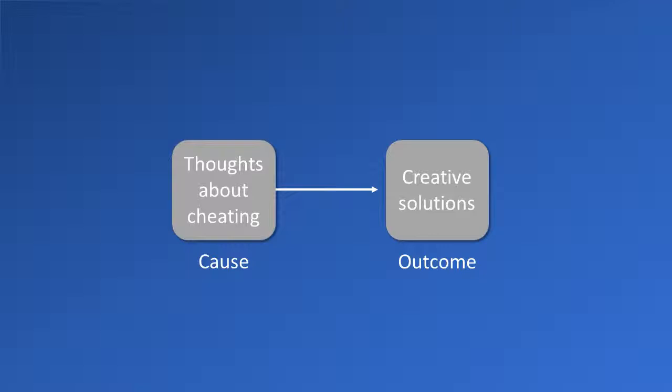The independent variable is the cause and the dependent variable is the outcome. In this example, cheating causes changes in creativity, so cheating is the cause or independent variable, whereas creativity is the outcome or dependent variable, so-called because the variable is dependent on the cause. Creativity is dependent on cheating.